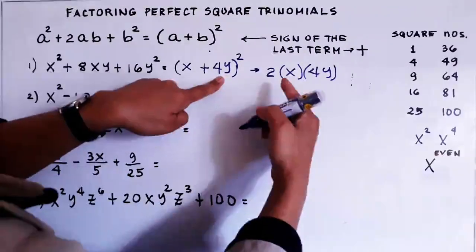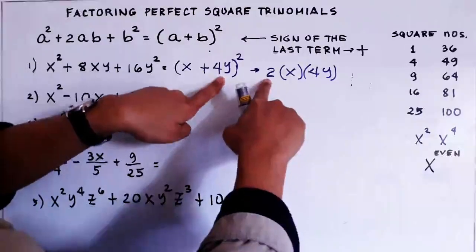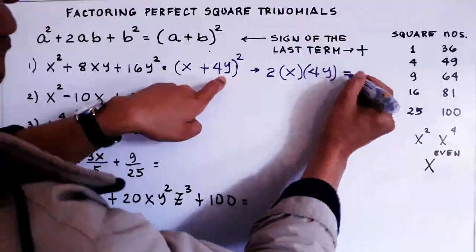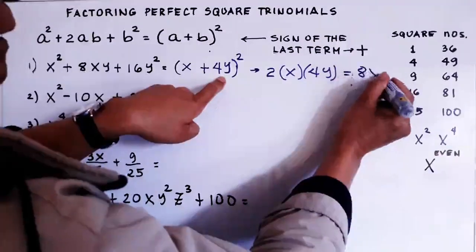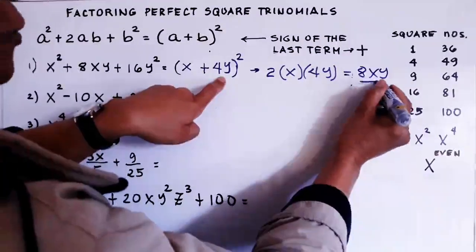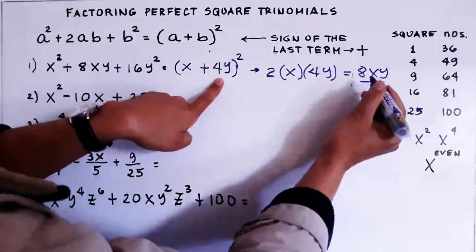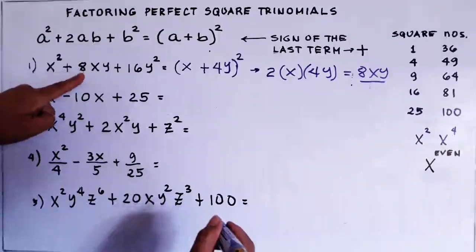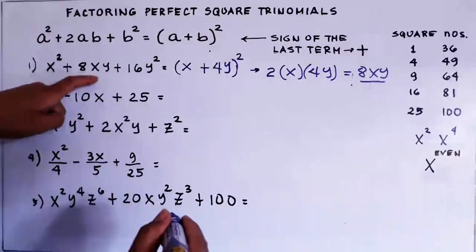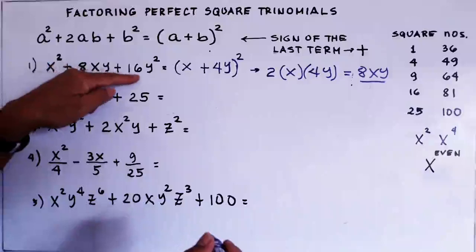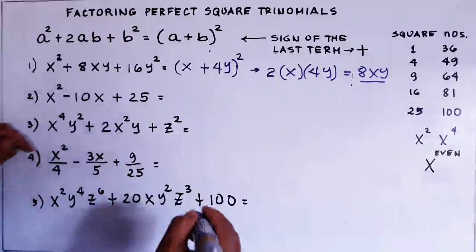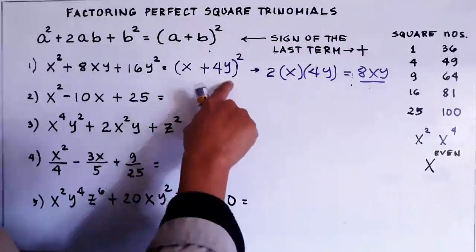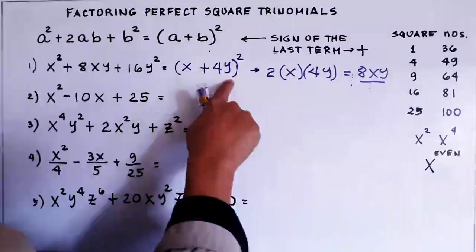So when we multiply that one, this 2 is always there. 2 times x times 4y is equal to 2 times 4, 8xy. This should be the middle term of our trinomial, 8xy. Is this one 8xy? Yes. If this one is 8xy, then this one is a perfect square trinomial. And we can factor that one, and the factor is x plus 4y times x plus 4y.